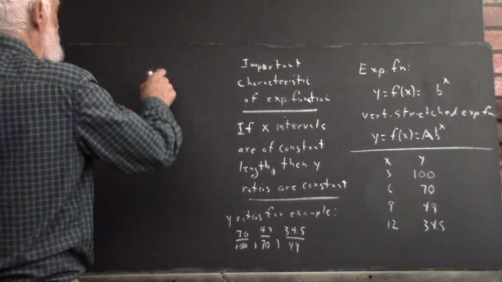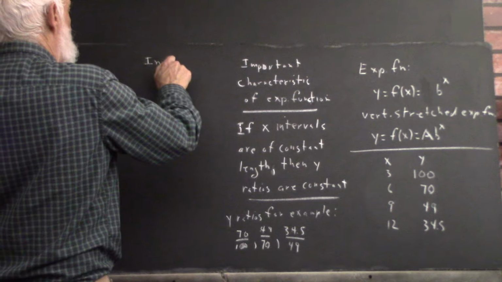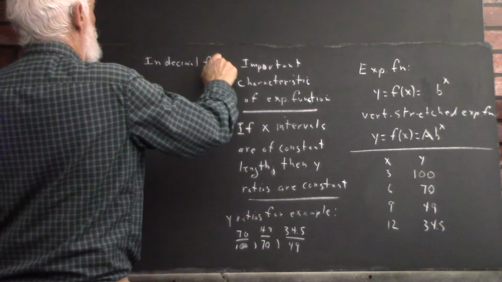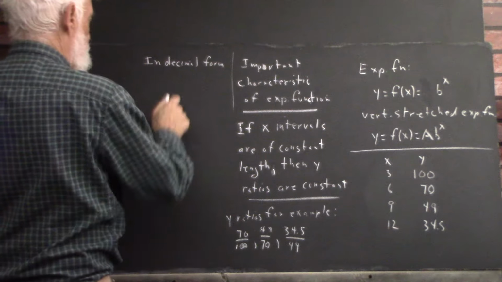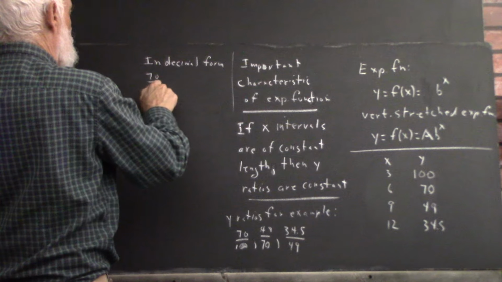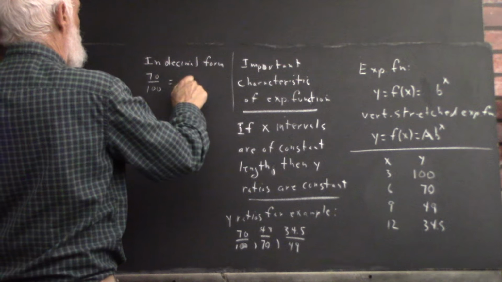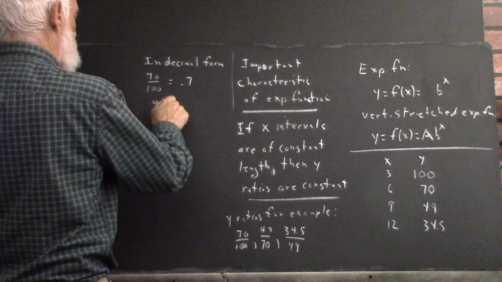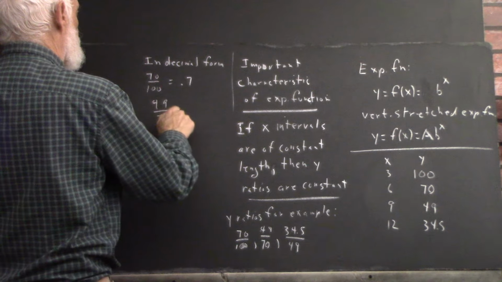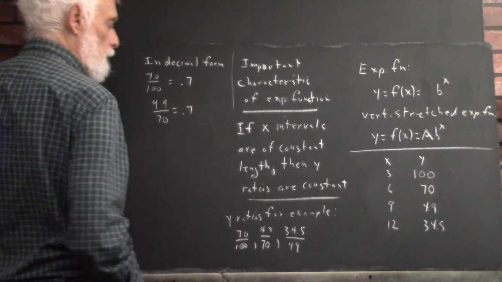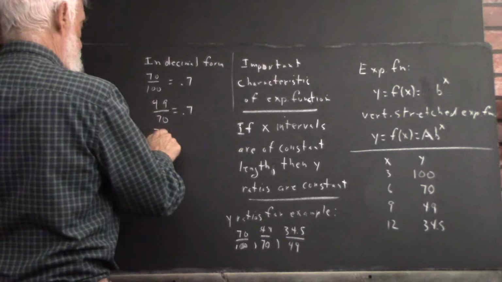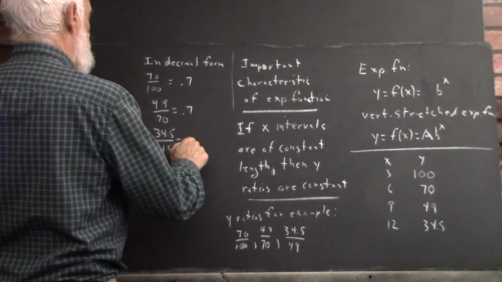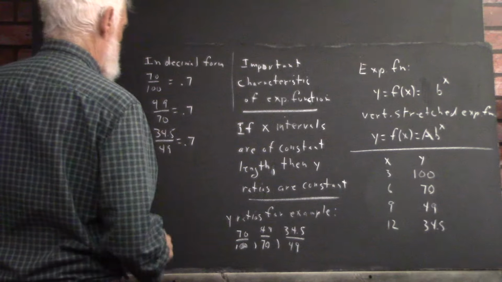Okay, in decimal form, 70 over 100 is 0.7, 49 over 70 is 0.7, and 34.5 over 49 is 0.7.